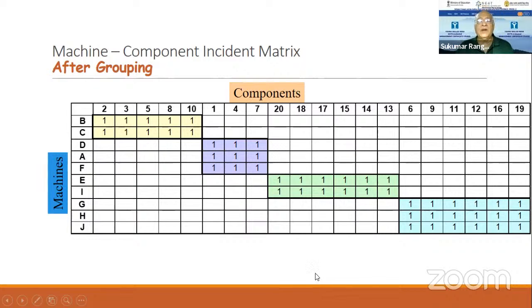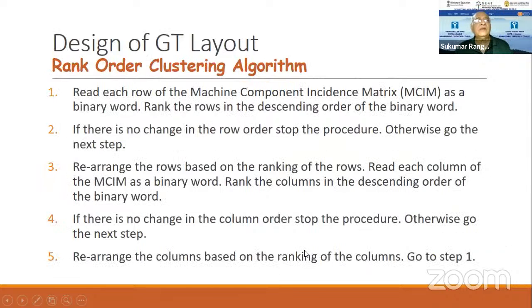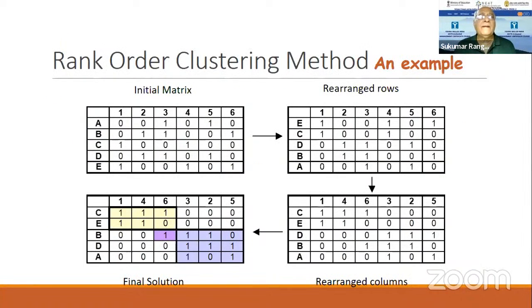This is a very simple example. Okay. Design of group technology. Read each row of the machine components. The same thing what we did. The previous one is explained here. Rank ordering of the matrix. Again, it's an example.